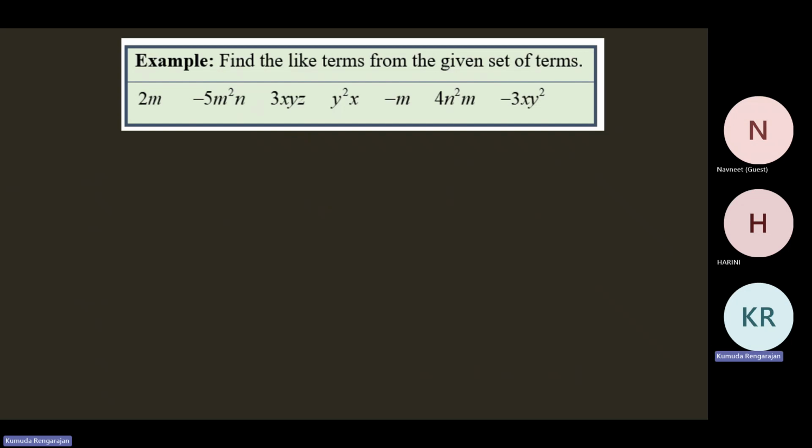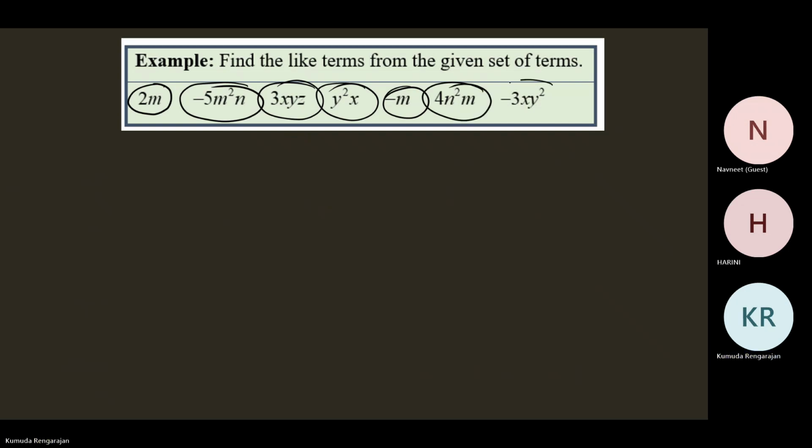Find the like terms from the given set of terms. So some terms are given to you here. 2m, minus 5m square n, 3xyz, y square x, minus m, 4n square m, minus 3xy square.